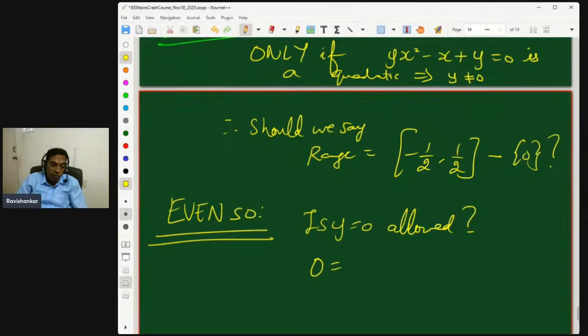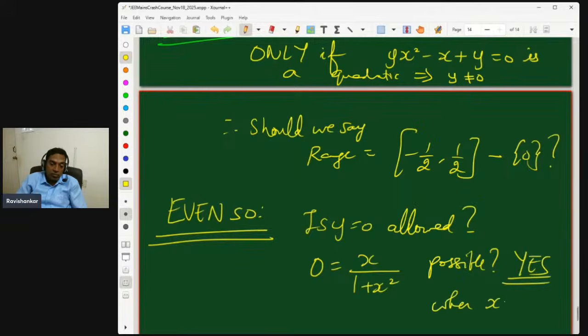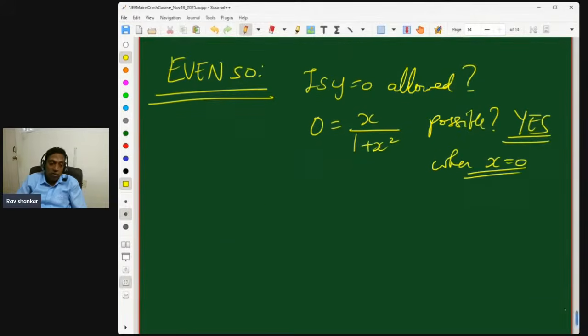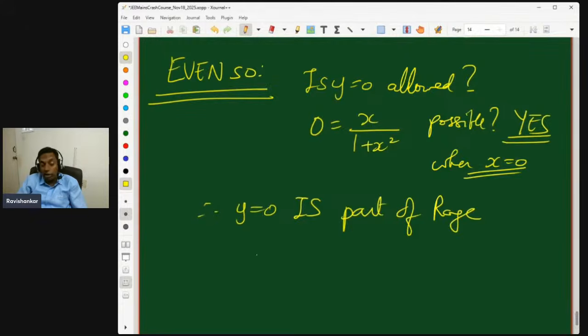So that means you have to ask the question, is 0 equals x by 1 plus x squared possible? And the answer is a resounding yes when x equals 0. Therefore, y equals 0 is part of range, though not because it's a quadratic.